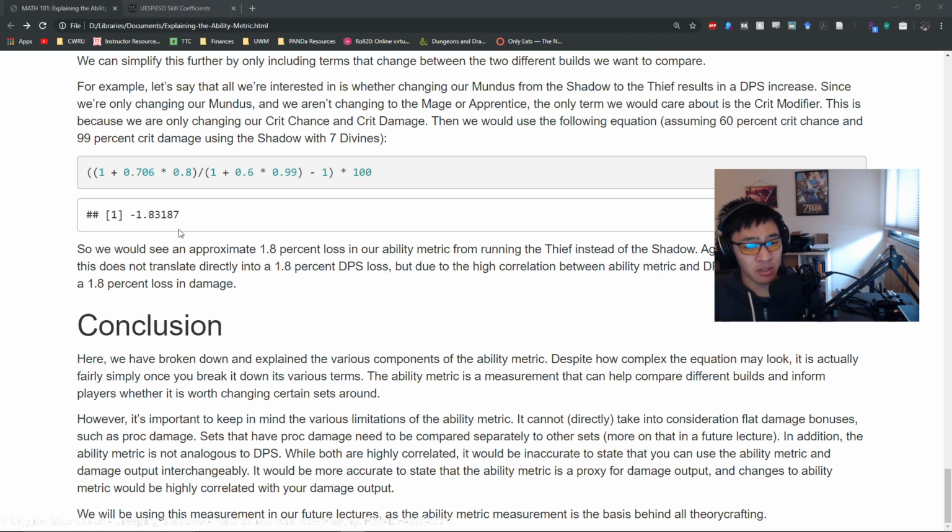It's a rough approximation, so you can see about a 1.8% decrease in DPS. Again, it's not an exact one-to-one exchangeability here, but it's a close enough approximation that most Theorycrafters will essentially use this value to say, yeah, you'll see a 1.8% decrease in DPS, even though that's not truly accurate here. But that's pretty much it for this first lecture.